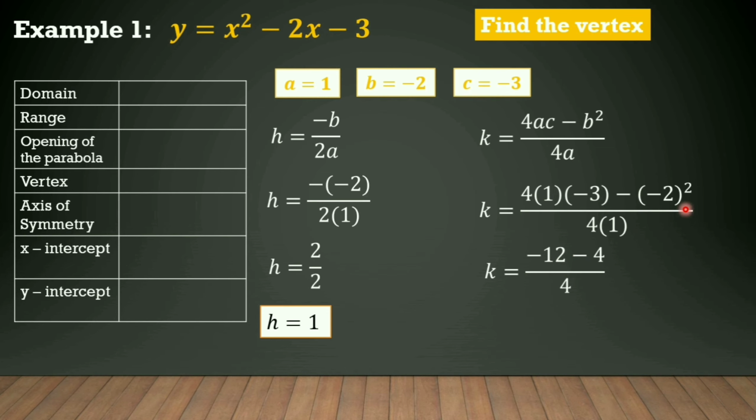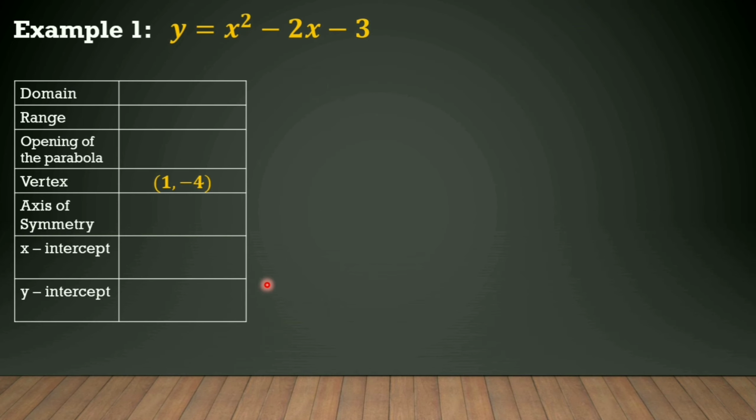Then negative 2 squared is 4. 4 times 1 is 4. Then negative 12 minus 4 is equal to negative 16, divided by 4 is equal to negative 4. So h and k is our vertex. Okay, so ilagay na natin dito sa table ang ating vertex: 1 and negative 4. H and k.